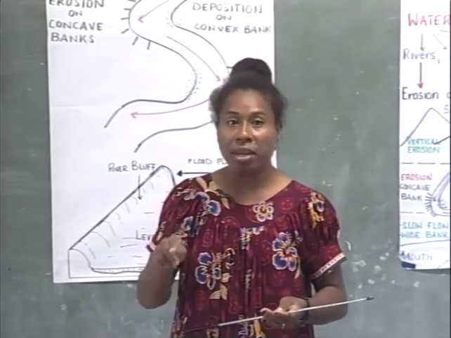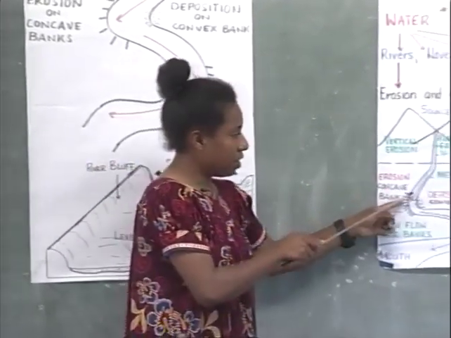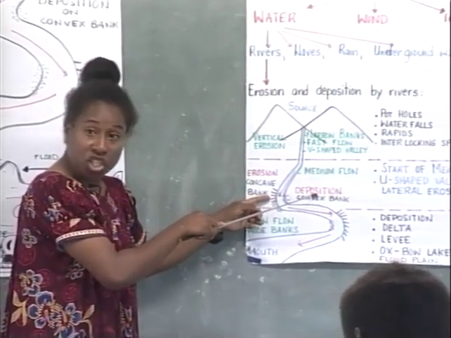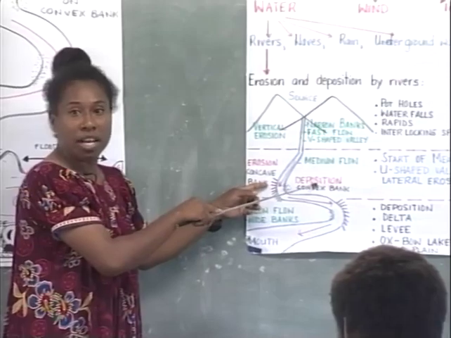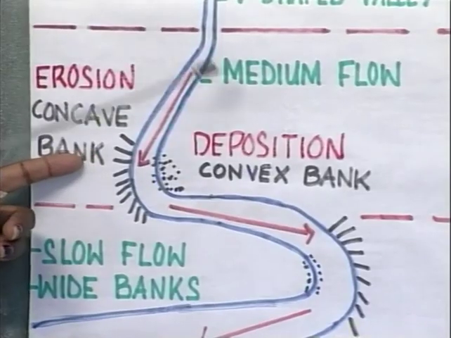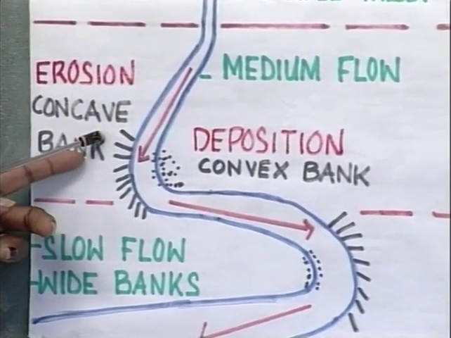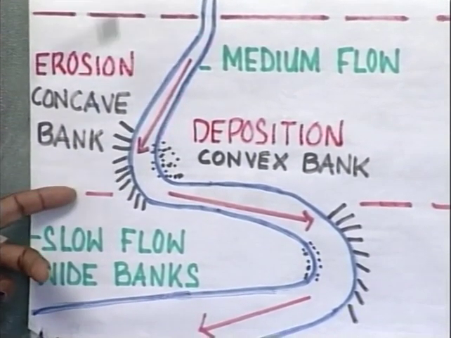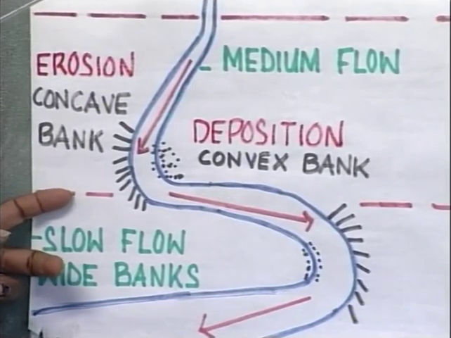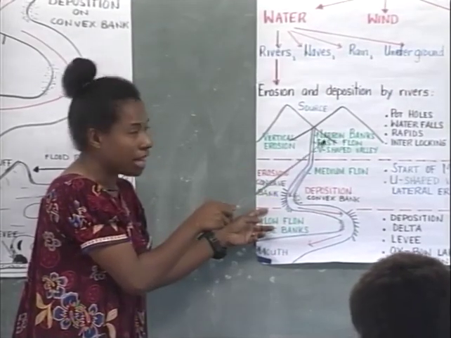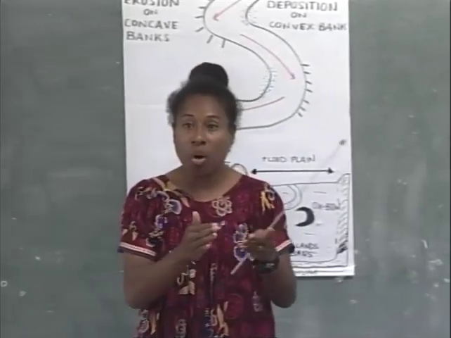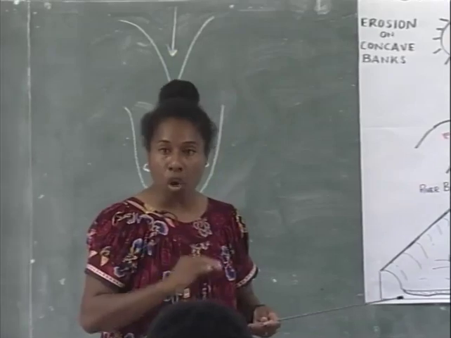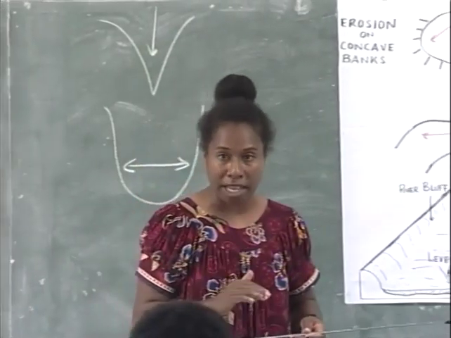And because of the meandering, along the bank or the sides of the river, deposition will start taking place on the convex side, and erosion will continue on the concave side. This is where we now start to see the interlocking spurs, like what we have looked at in the first stage, start to widen.